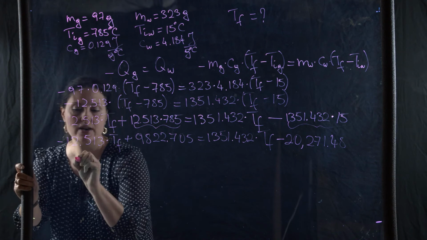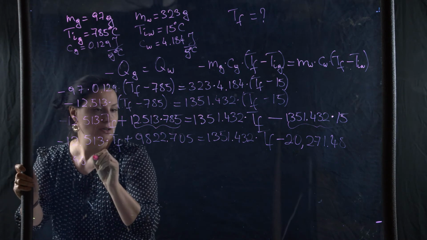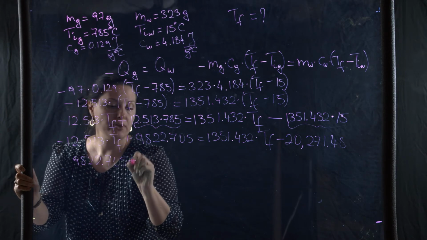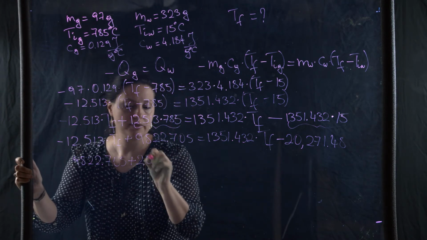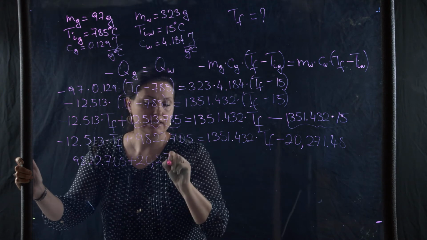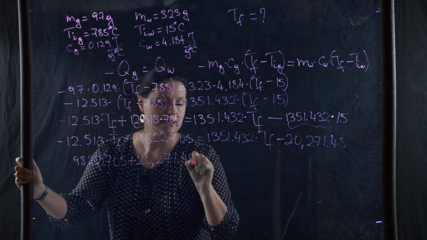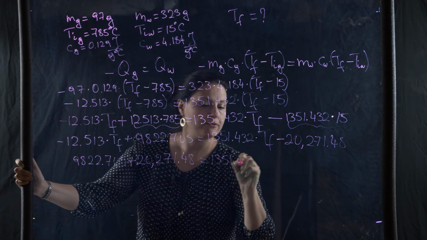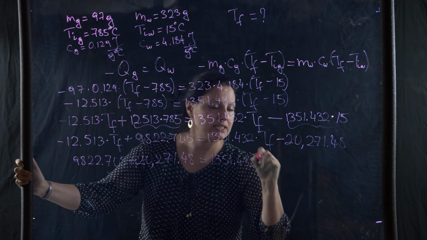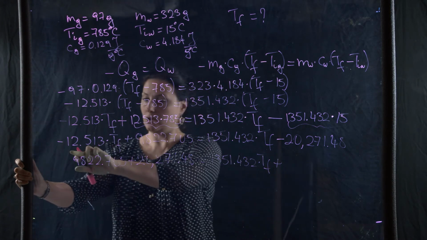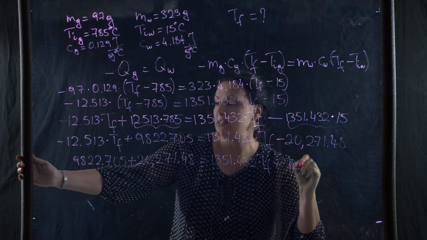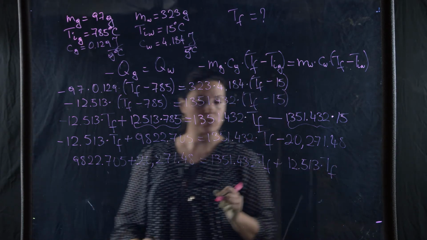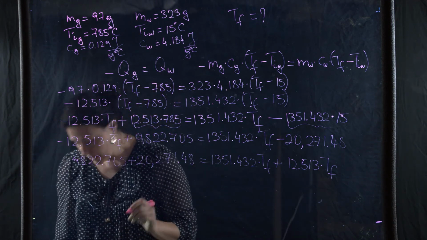So I will have 9822.705 plus 20,271.48 is equal to 1351.432 times TF plus 12.513 times T final.